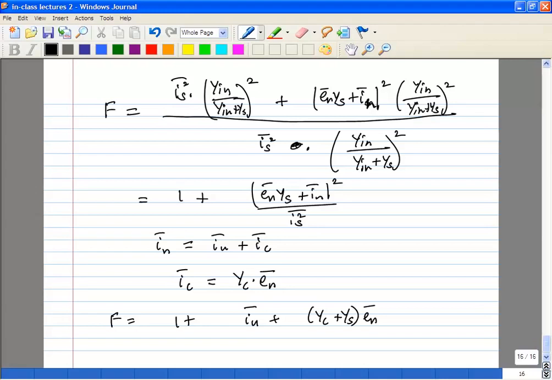So now we are just going to rewrite this. We are going to write In as Iu plus Ic in this equation. Iu is written separately, and we know Ic is nothing but Yc times En, so you can write it like this. Is that clear?